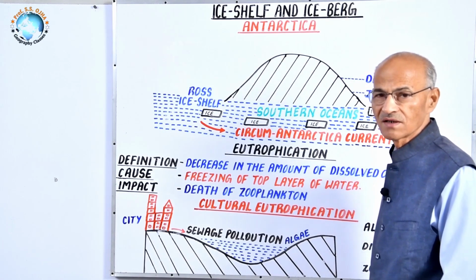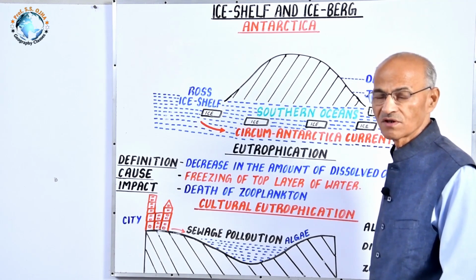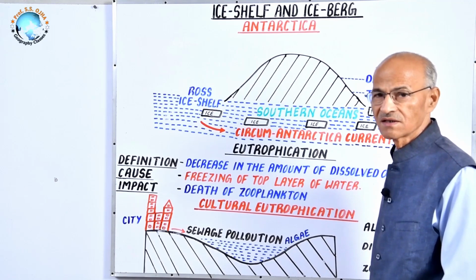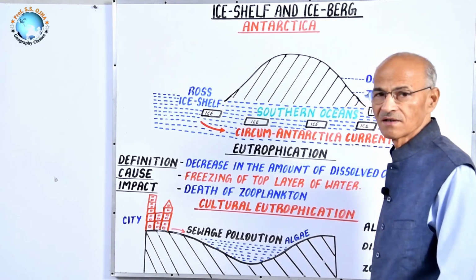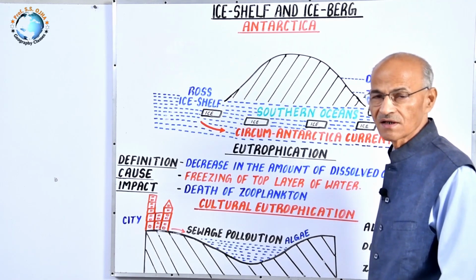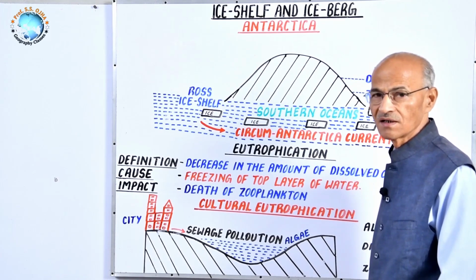The cause, you might be knowing, is that in the month of December, when the sun is vertical over the Tropic of Capricorn, the south hemisphere experiences summer. That's why surrounding ice melts, with the result the outer fringe of Antarctica is exposed to the sun, and the rocks are visible.